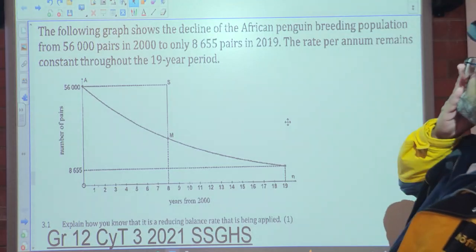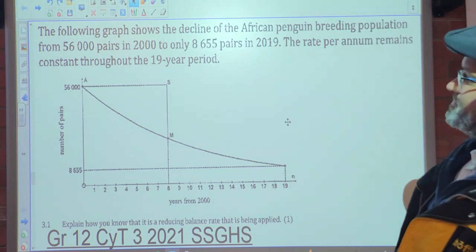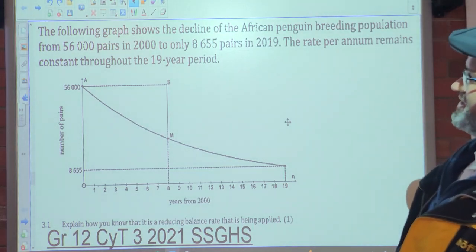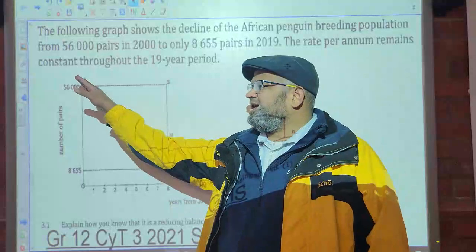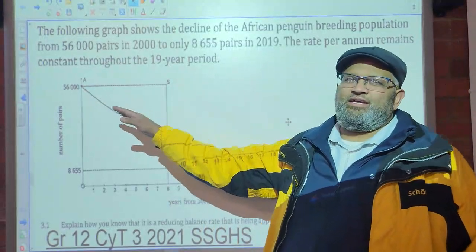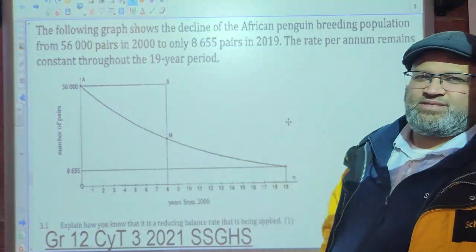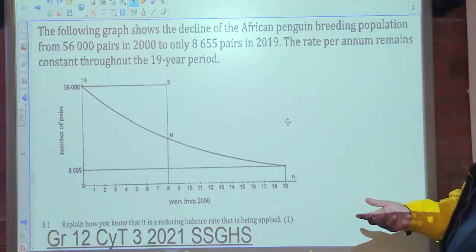The rate per annum remains constant throughout the 19 years. So what does this model? Does this model a diminishing balance method or a straight line basis? A reducing balance method or straight line basis?